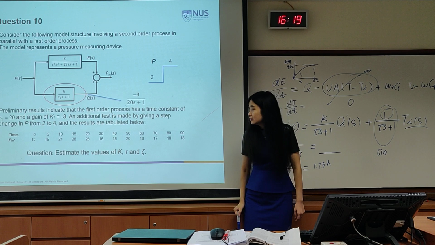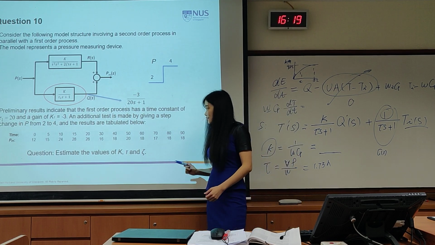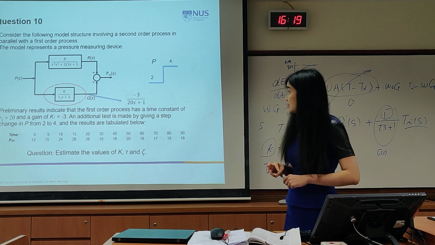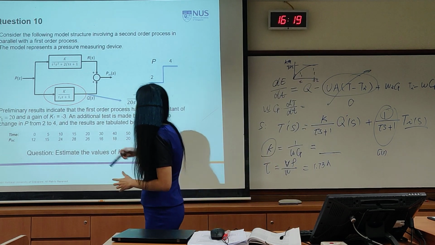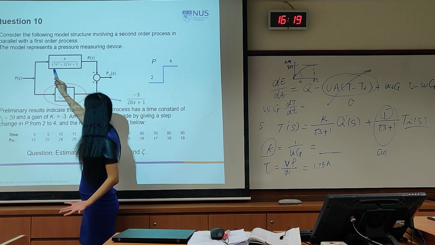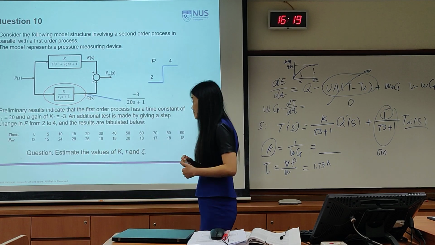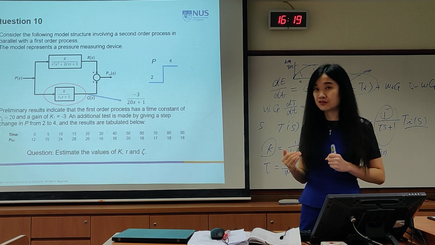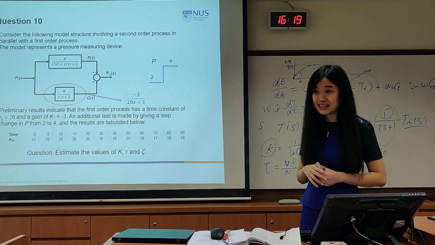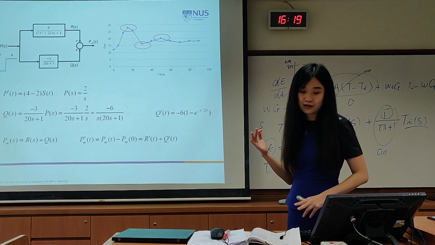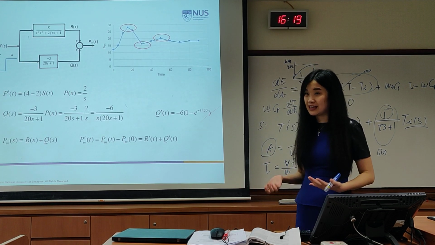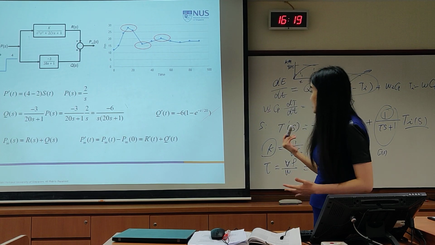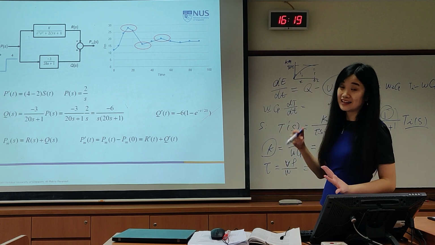Then the question is to estimate the values of k, tau, and zeta, which are the three parameters for the second order process: k is the gain, tau is the time constant, and zeta is the second order damping parameter. How do we do this? Whenever we got data, you would like to find some pattern within the data. The best way is to visualize it. Always plot the data and see what the response is. Even if it's not complex, you're able to plot the data by hand and see the trend.